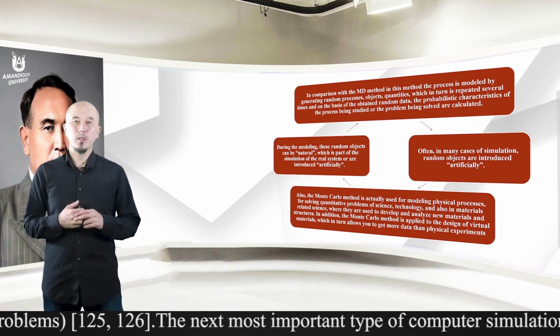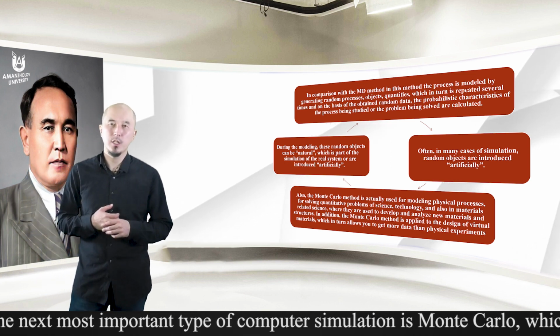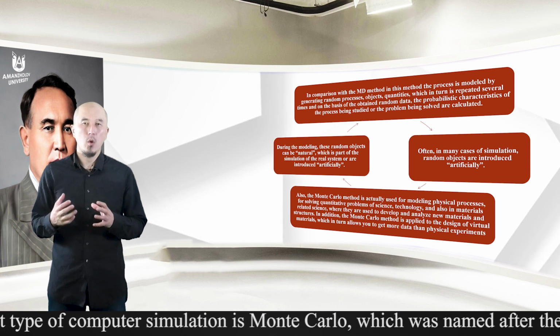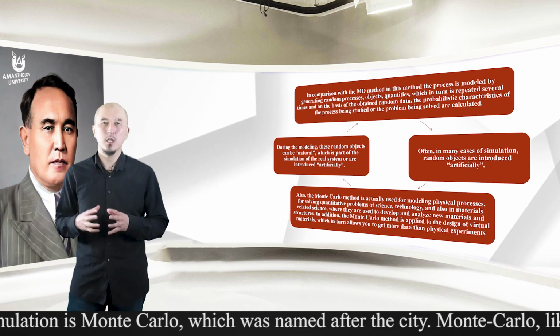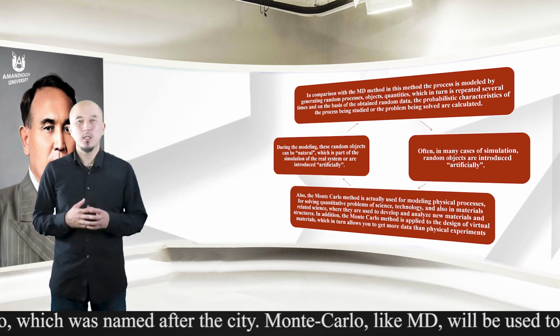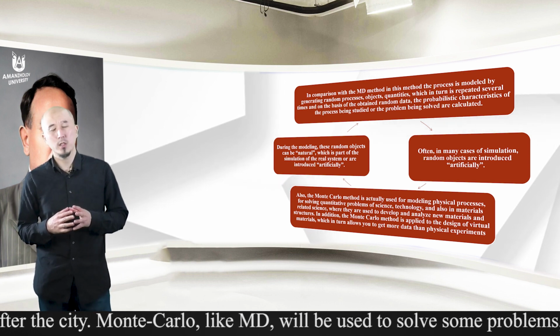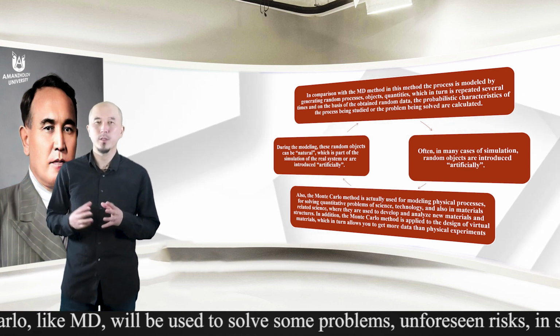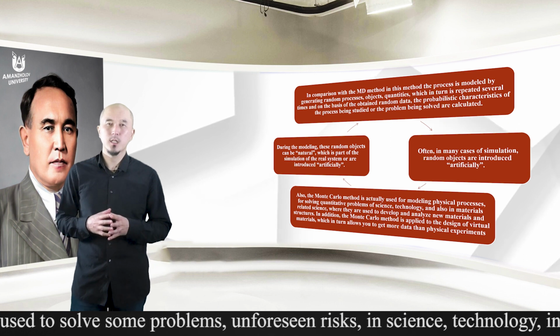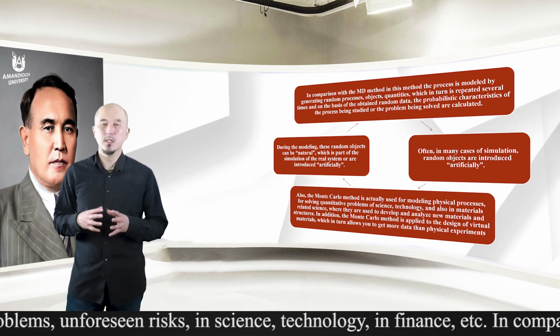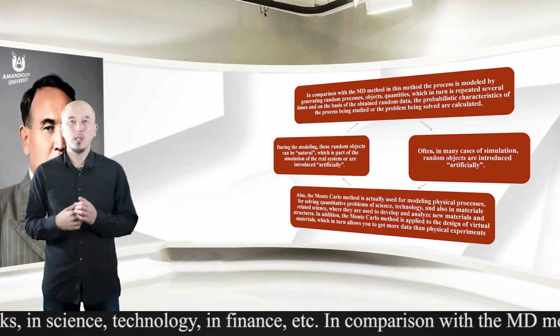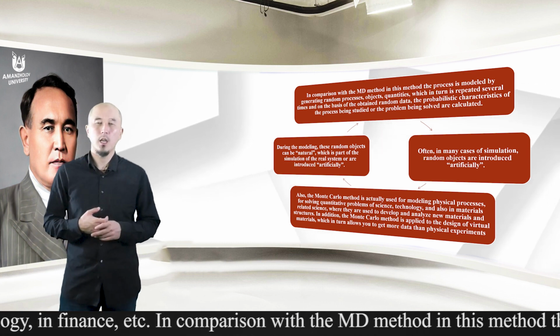The next most important type of computer simulation is Monte Carlo, which was named after the city. Monte Carlo, like MD, is used to solve problems, such as unforeseen risks in science, technology, and finance.